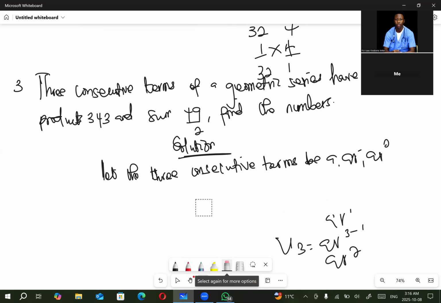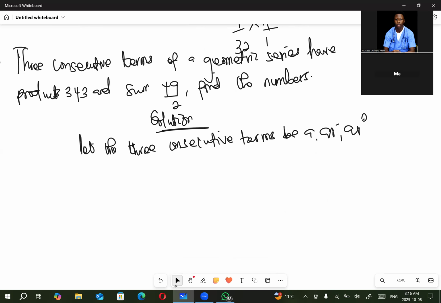Are you okay or am I rushing? All right. So now, they said these three consecutive terms have a product. What do you understand by product? Multiplication, of course. Brilliant.